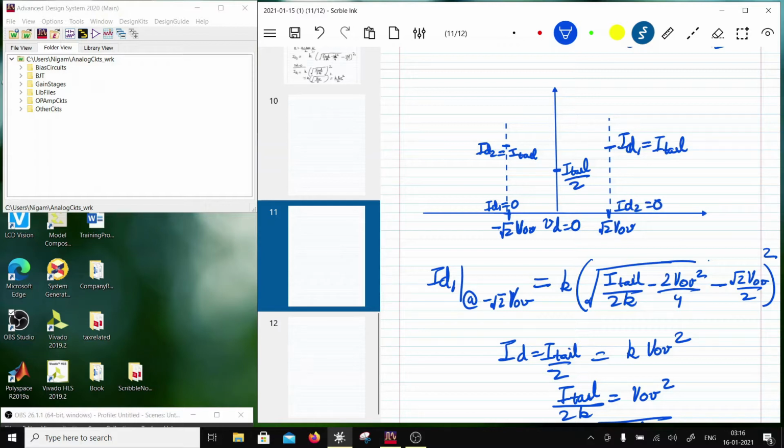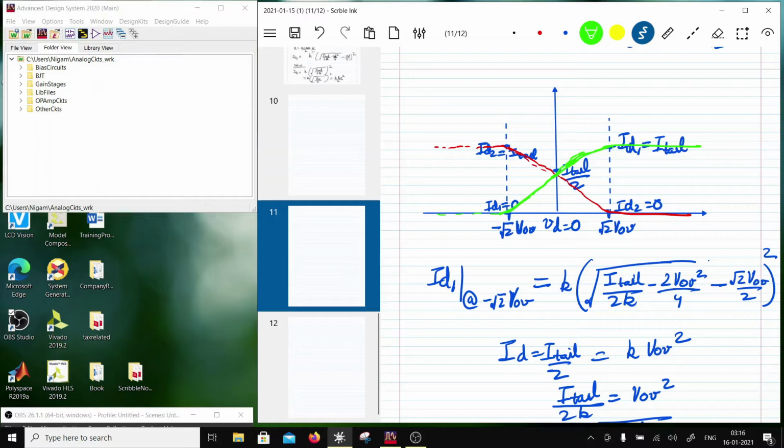Okay, so the curve goes like this. If I was to draw id2, so this is id2, and it will cross over here and go like this, and id1 would go like this and cross over here and go like this.